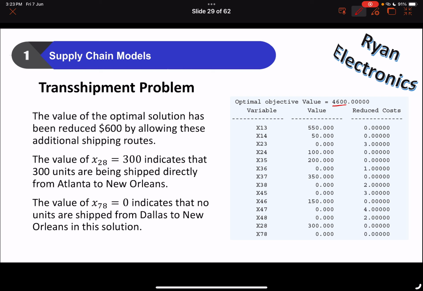The value of x28 equals 300, indicating that we are sending 300 units directly from Atlanta to New Orleans. The other route we added, x78, is 0, so no units were actually shipped between Dallas and New Orleans in this particular problem.